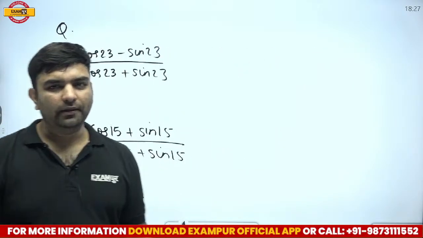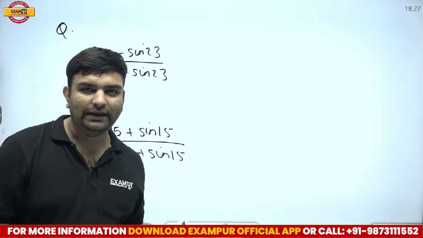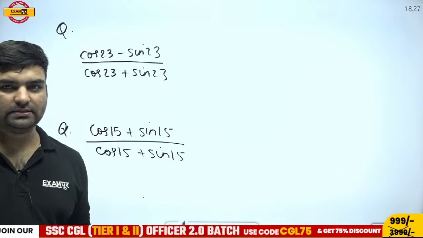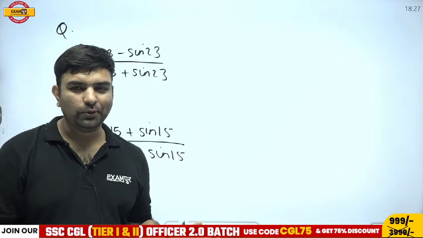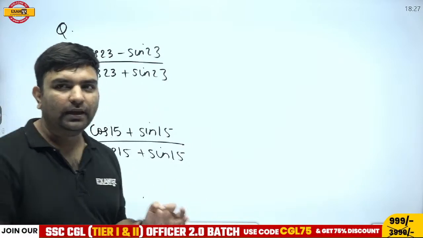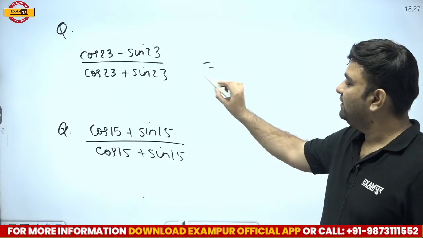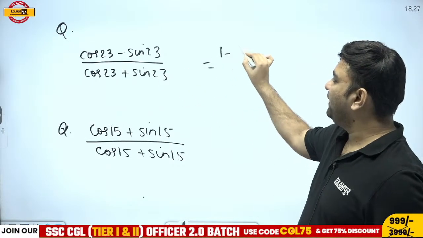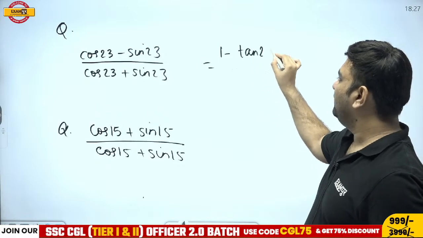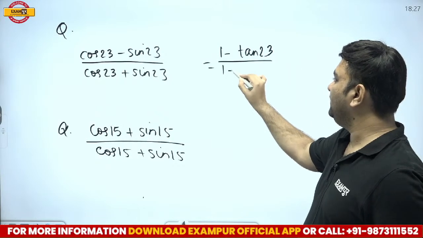Now you will quickly recognize these problems, guys. That is not a task for you. Divide by cos, I'm directly writing 1 minus tan 23 upon 1 plus tan 23.